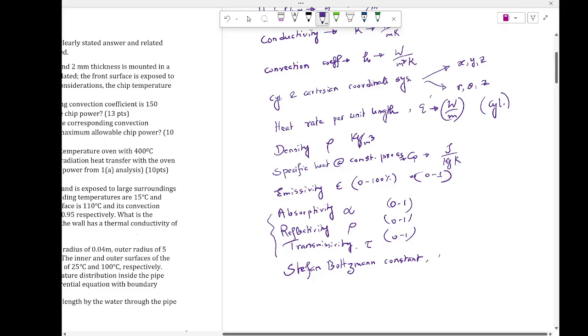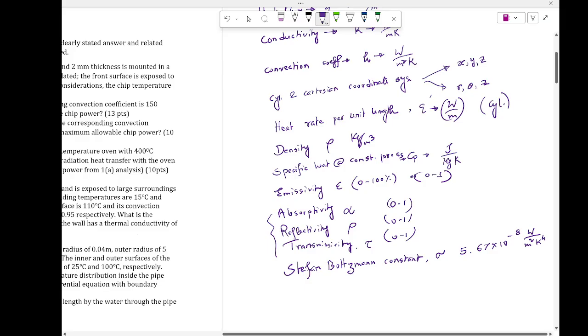Sigma. Anyone remember the value? 5.67 times 10 to the power minus 8 watt per meter squared Kelvin to the power 4. Remember that? Okay, perfect.